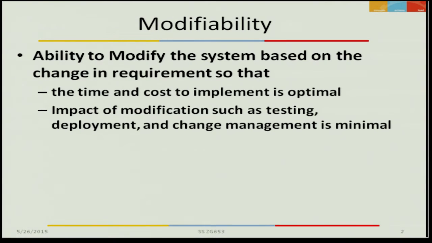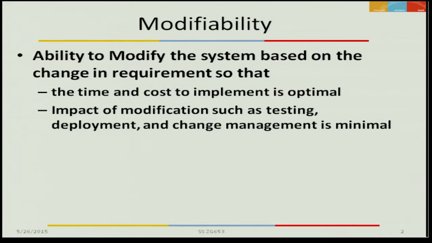But let's look at its definition first. Modifiability means the ability to modify the system based on the change in the requirement so that the time and cost to implement is optimal. Impact of modification such as testing, deployment and change management is also minimal.